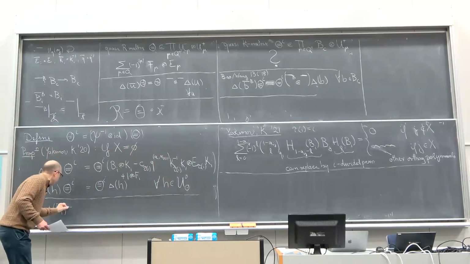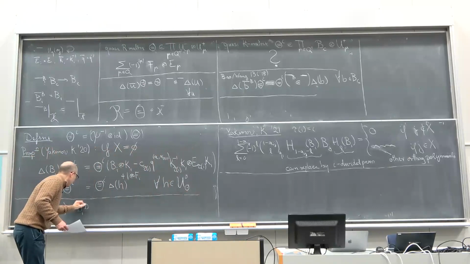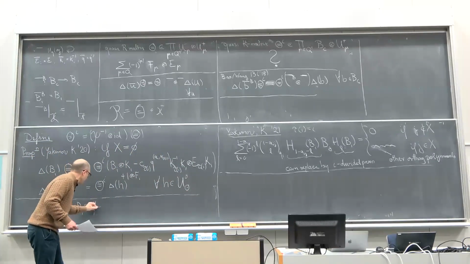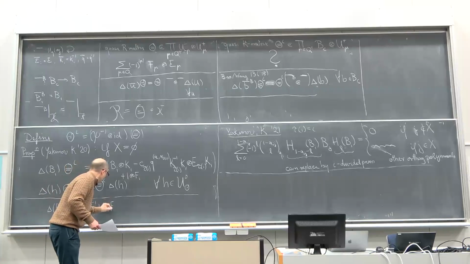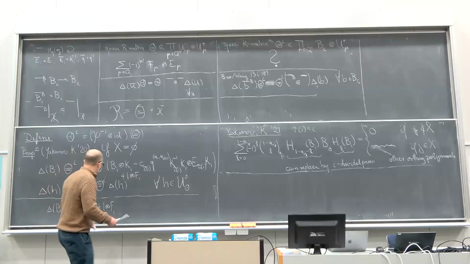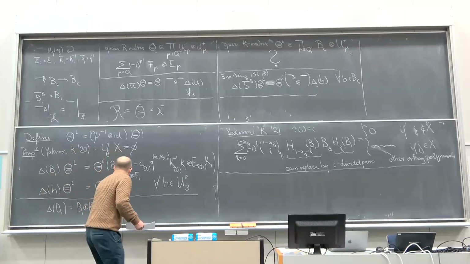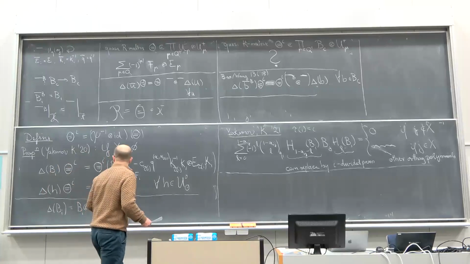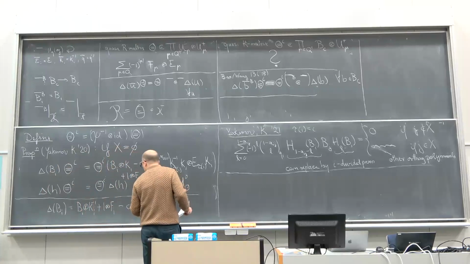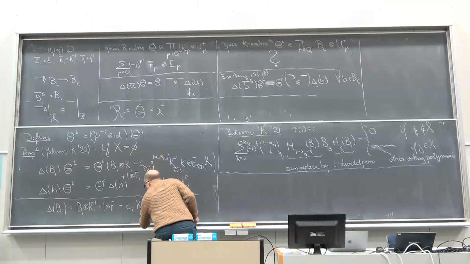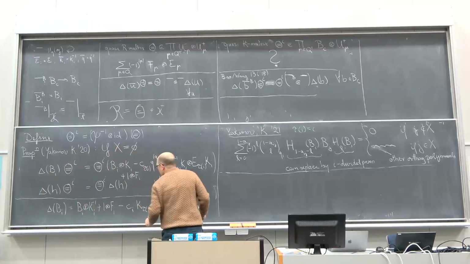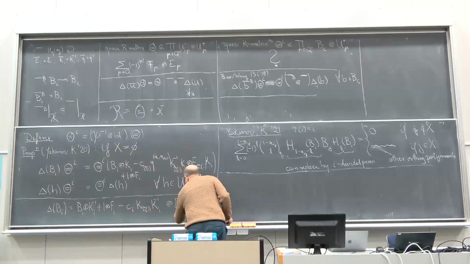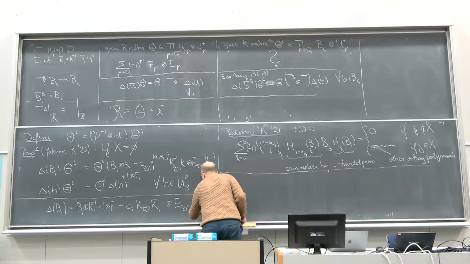In this case, it's B_i tensor K_i to the -1 plus 1 tensor F_i. And then we get this. We calculated this yesterday, essentially, when we checked the coideal property. So we have C_i K_tau(i) times K_i to the -1 tensor E_tau(i) K_i to the -1.